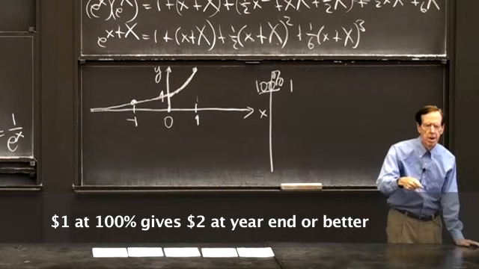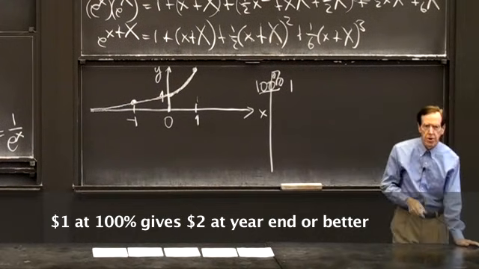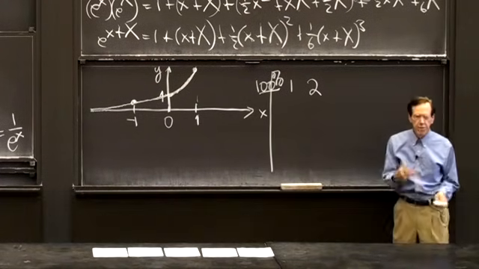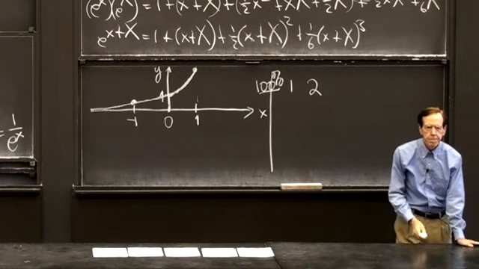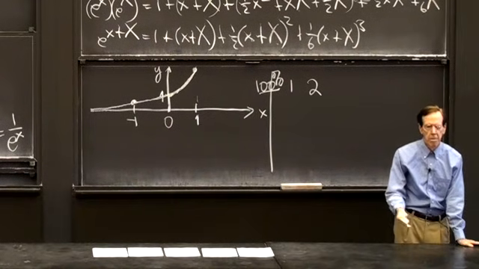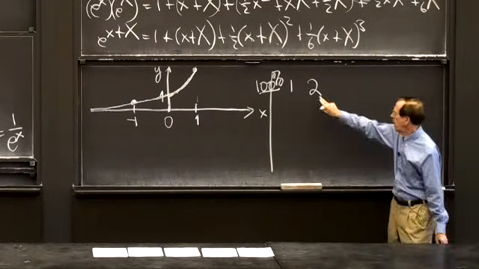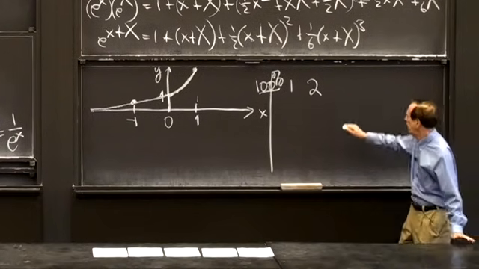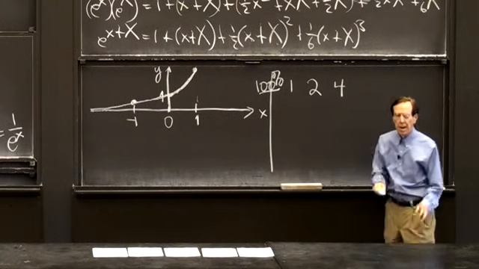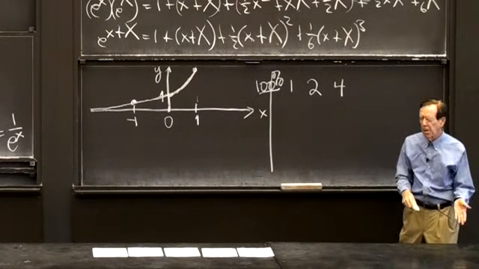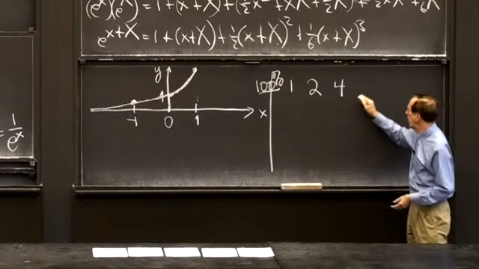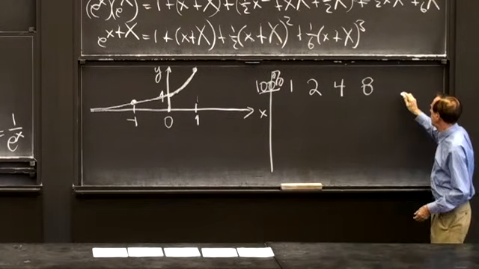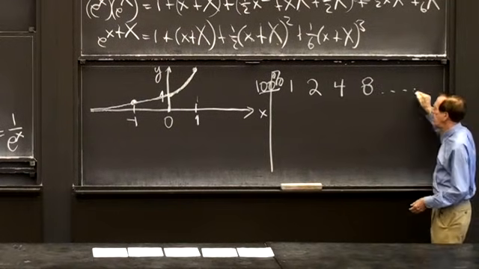It adds in 100%. It adds in another $1. So now you've got $2 in the bank after the first year. At the end of the second year, it gives you 100% of what you've got in the bank. So it gives you 2 more. It gives you 4. At the end of the third year, it gives you an additional 4. You're up to 8. And you see what's happening. It's the powers of 2.